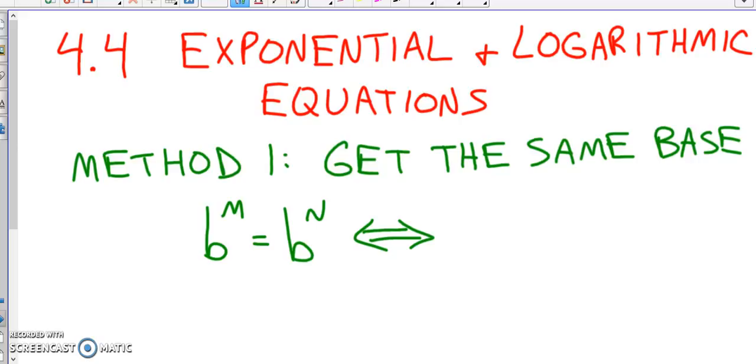Well, yeah, but if b is the same, and I say b to the nth equals b to the nth, specifically, the two exponents have to be the same. So what you can do at that point is, if you can set this up with the same base, you can just kill the base off and look at the exponents. So let's try it out.